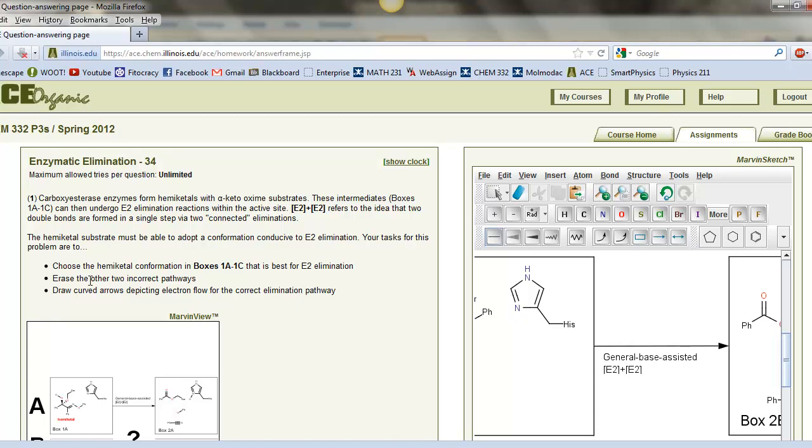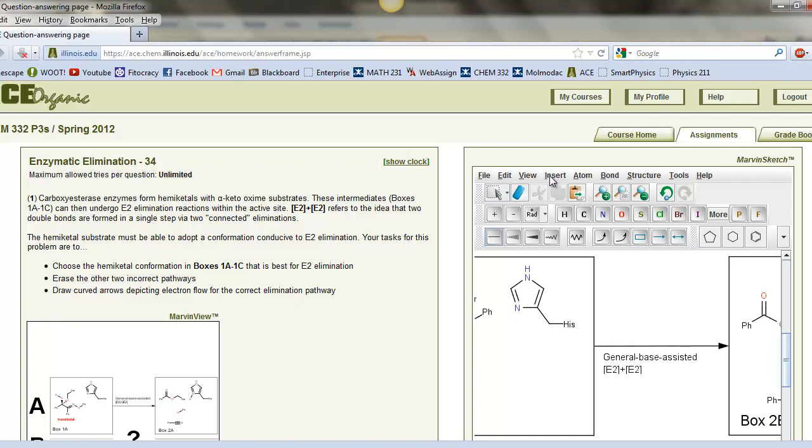Your task for this problem is to choose the hemiketal conformation from boxes 1A through 1C that is best for E2 elimination. Erase the other two incorrect pathways and draw curved arrows depicting electron flow for the correct elimination pathway.